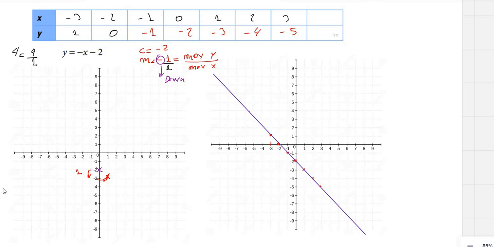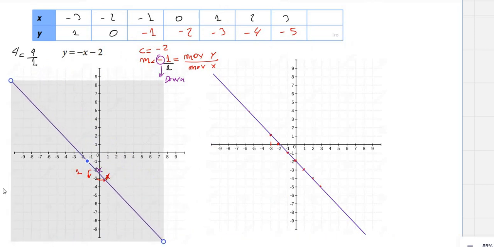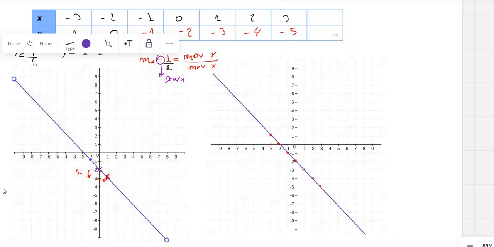And if I were to draw the straight line, it will be the same, okay? Just that given 2 points, the c value and the steepness, you can draw the graph of a straight line.